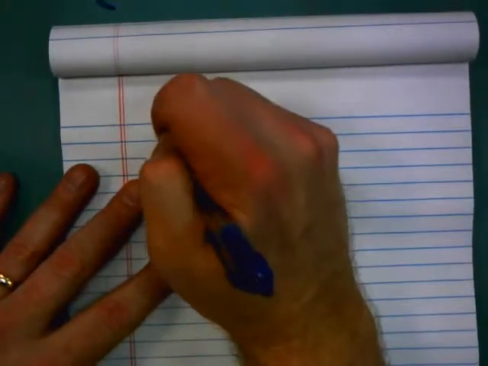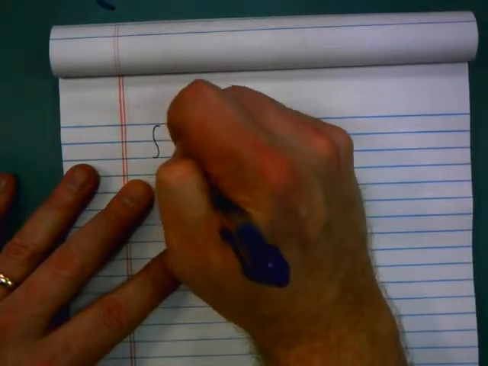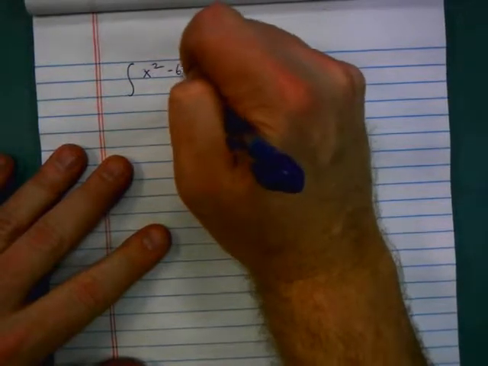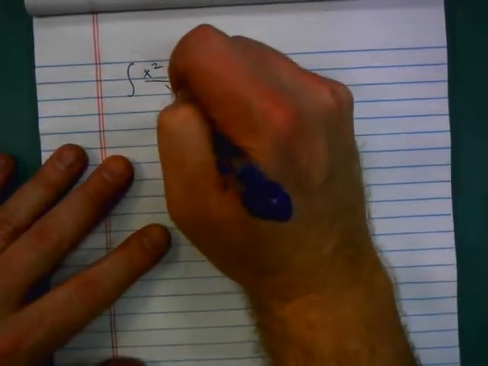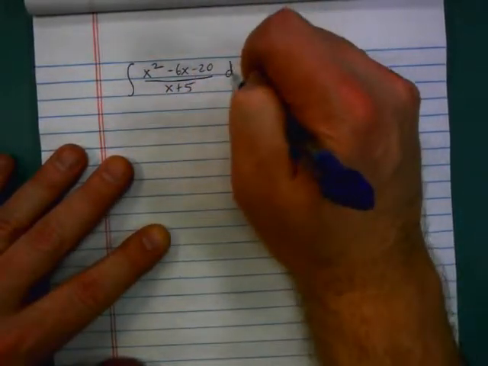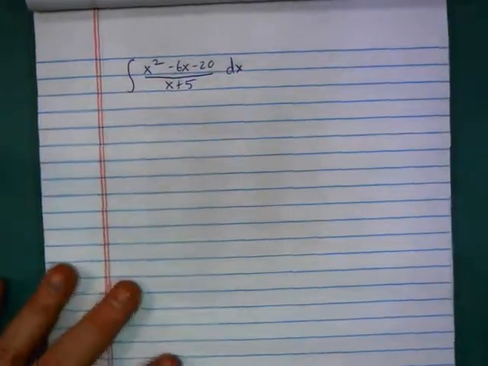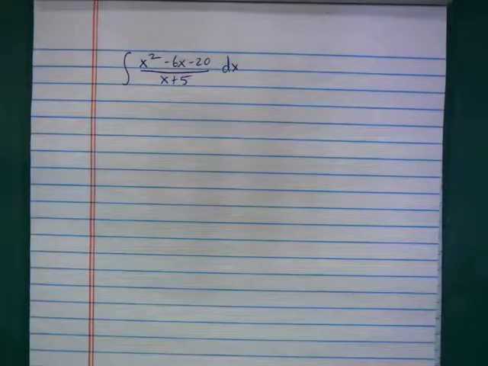So we had the antiderivative of x squared minus 6x minus 20 over x plus 5. The book's way is actually more useful because this technique will show up again.